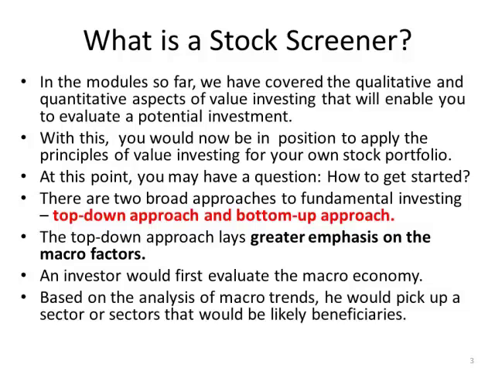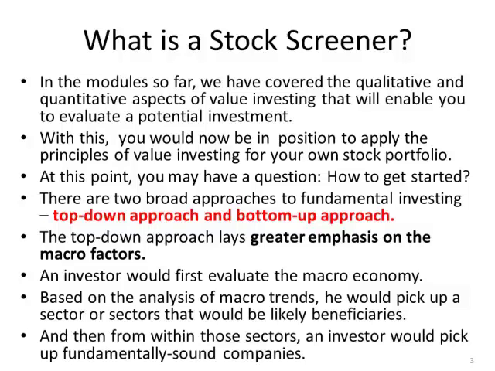Then, based on the analysis of macro trends, we would pick a sector or sectors that would be likely beneficiaries. If we think a particular sector is going to do well, then we would go ahead and look at that particular sector. We would start with the macroeconomy and say, given our outlook over the next few years, what sectors do we think are going to do well?